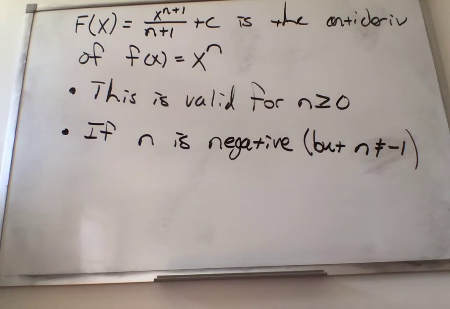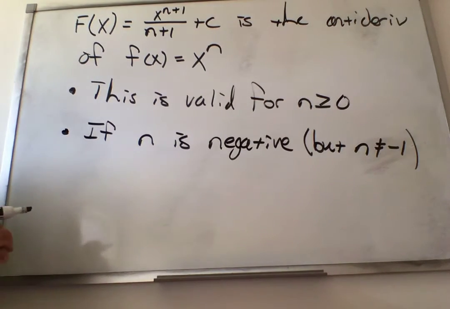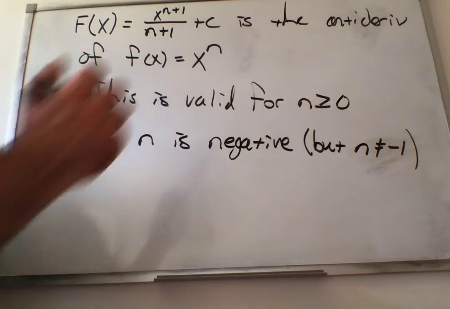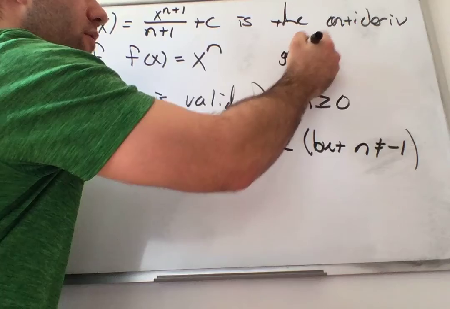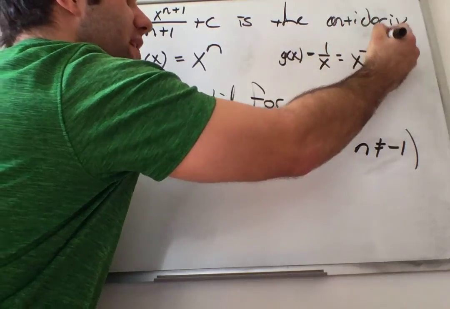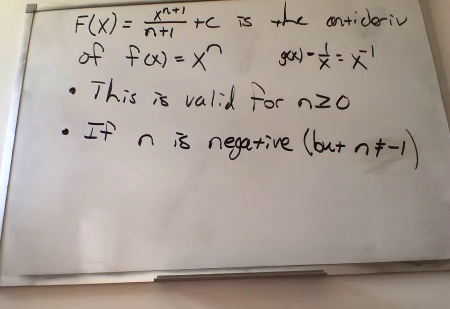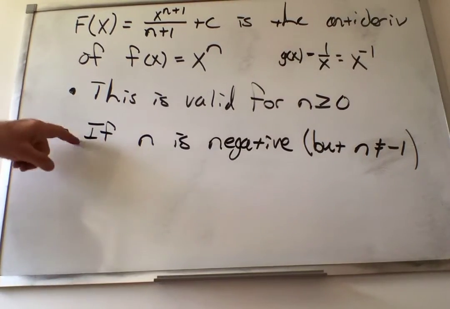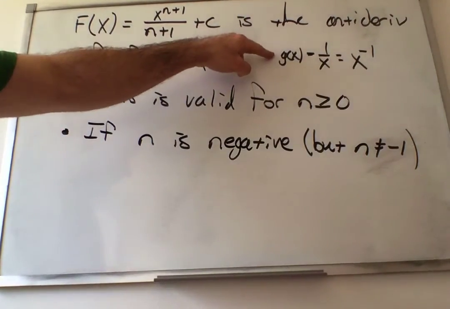You should have noticed on the last example that I gave you guys to try, the function g of x was equal to 1 over x. Well, this is x to the -1st power. That's what this bullet point is talking about right here.